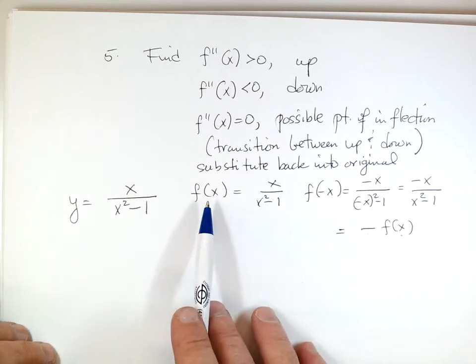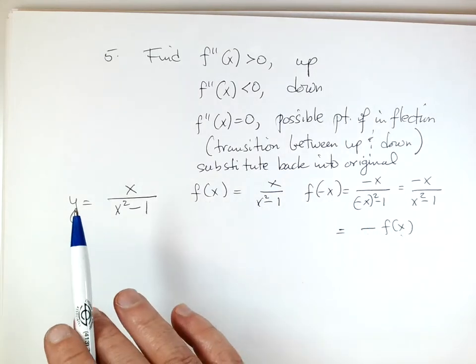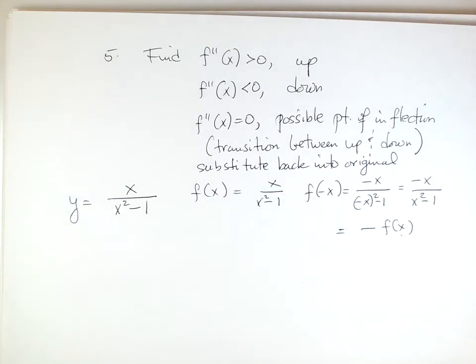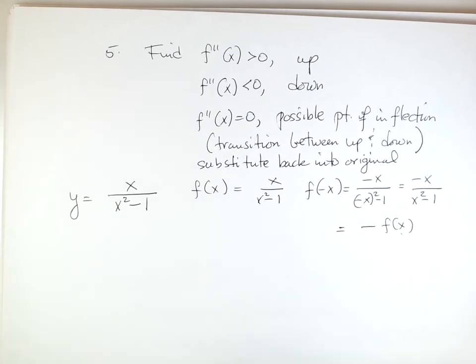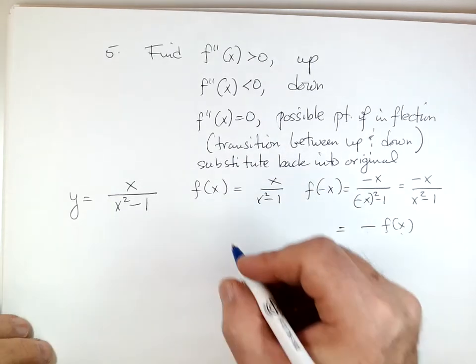What kind of symmetry do we have with this odd function? Symmetry about the origin. That is correct. So we know we have symmetry with respect to the origin. That can be helpful.